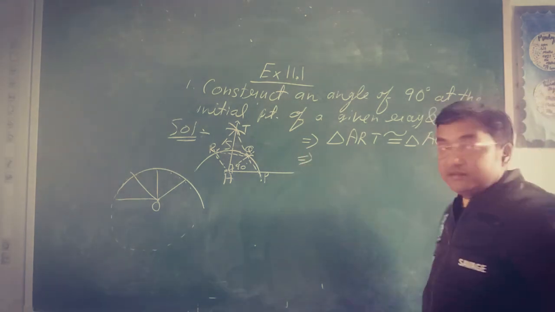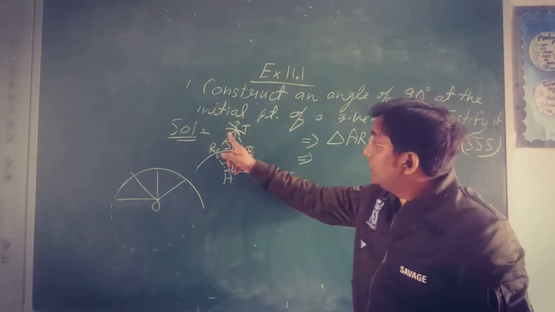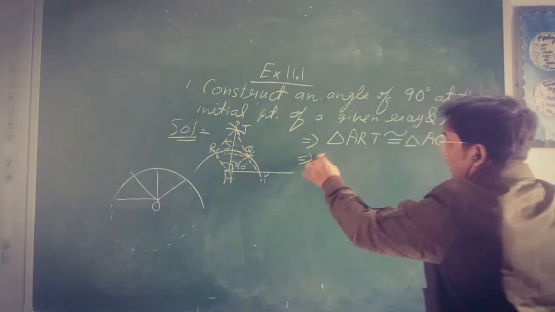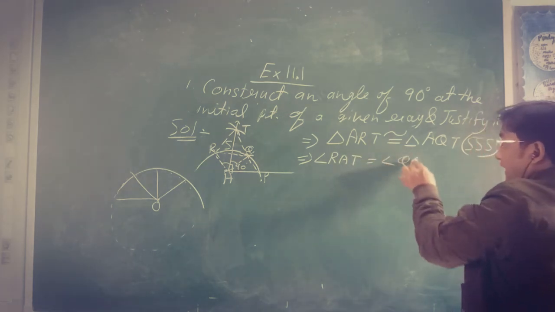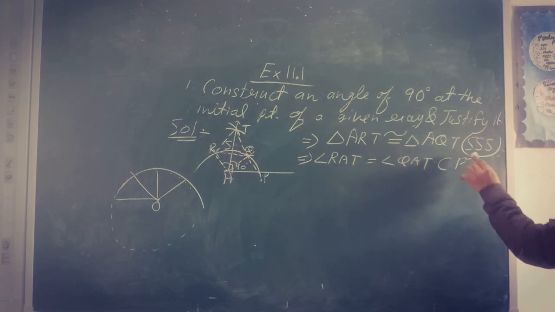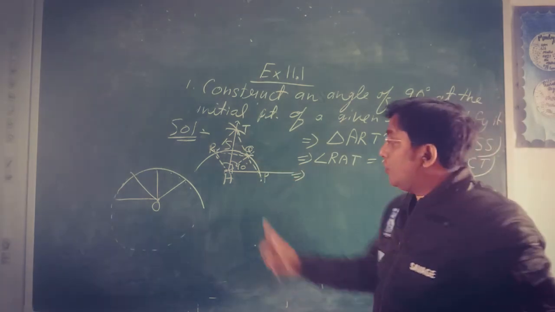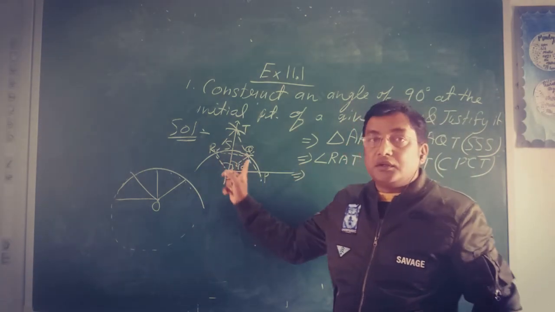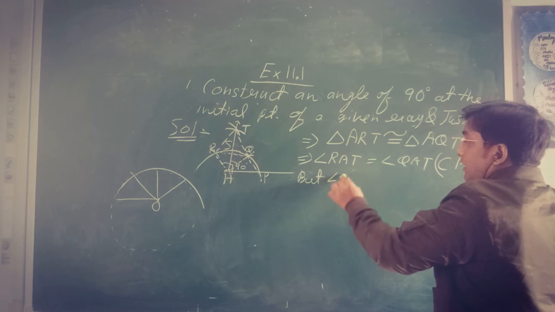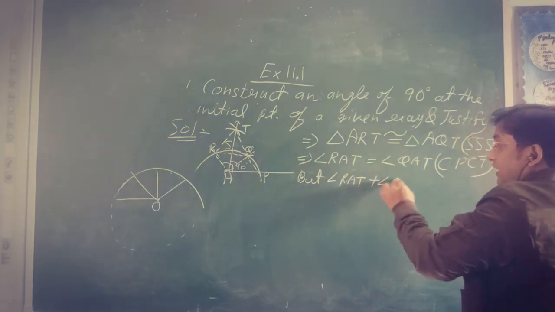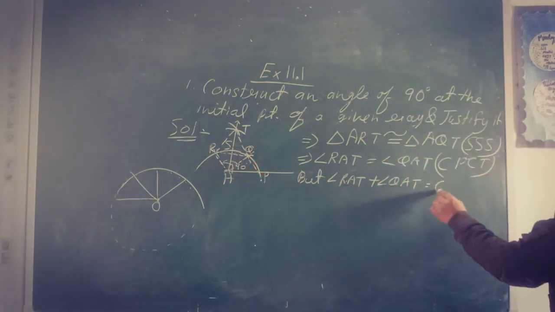If they are congruent, this means that this angle is equal to this angle, that is angle RAT is equal to angle QAT, because corresponding parts of congruent triangles are equal. Now, the whole angle is angle RAT plus angle QAT, which is 60 degree.